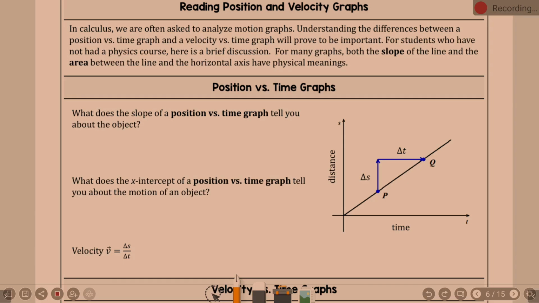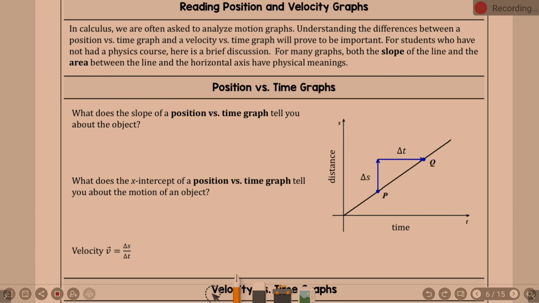Okay, we're often asked to analyze motion graphs. Understanding the differences between a position versus time graph and a velocity versus time graph will prove to be important, kind of like understanding the difference between the original graph and the derivative graph. For many graphs, both the slope of the line and the area between the line and the horizontal axis have physical meanings.